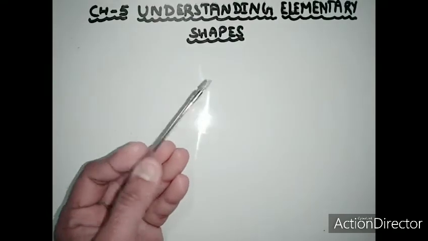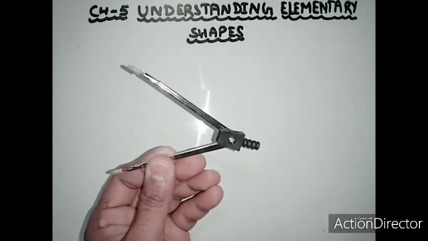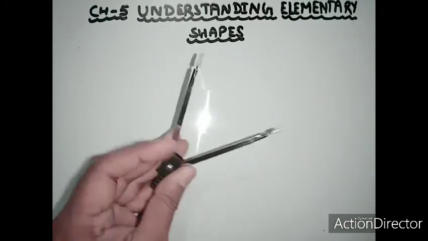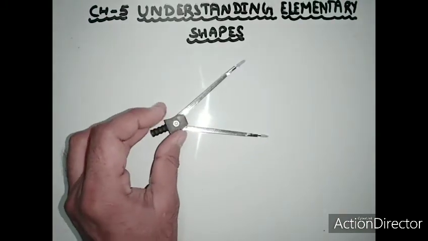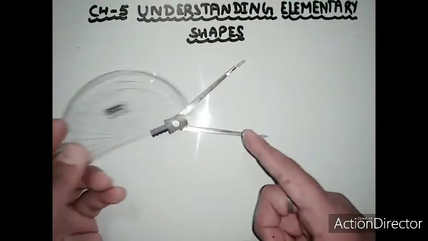Okay students, now here I take one example. Here we take this divider and open it randomly like this. Now we take this protractor and measure what is the degree of an angle when we open this divider randomly.